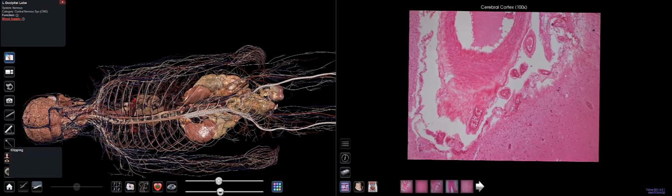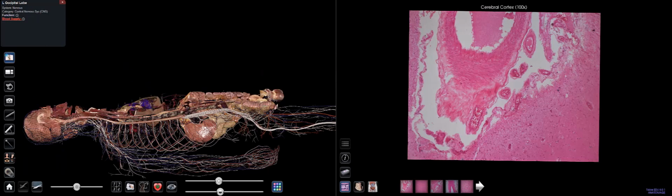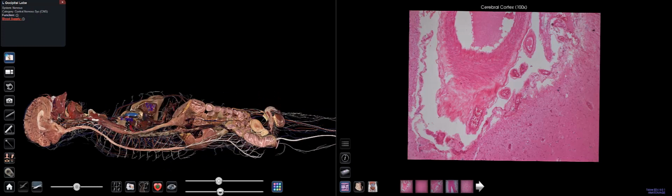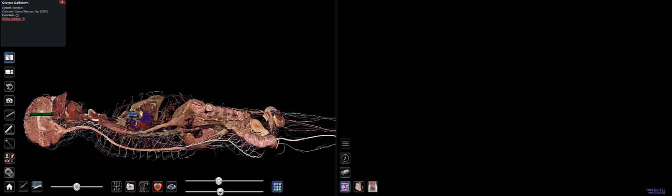Let's cut this guy in half. Okay. See that? What kind of cut is that? You guys should know. Sagittal, right? A sagittal cut. All right, let's touch the corpus callosum. Don't have tissue for that. How about the thalamus?